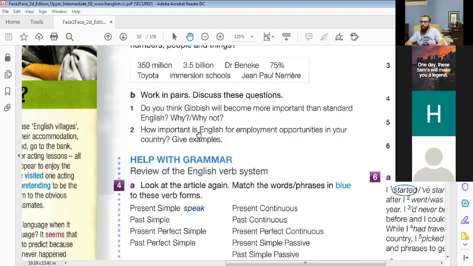People are becoming more interested in this global English, this Globish, what's made it an important way to speak and to communicate English. It's an easy way.